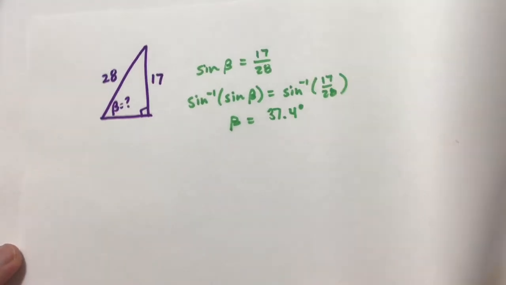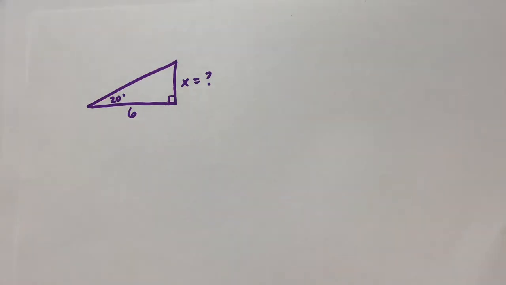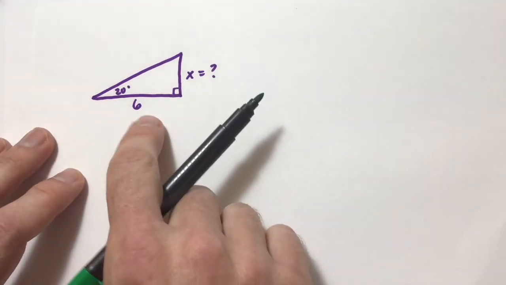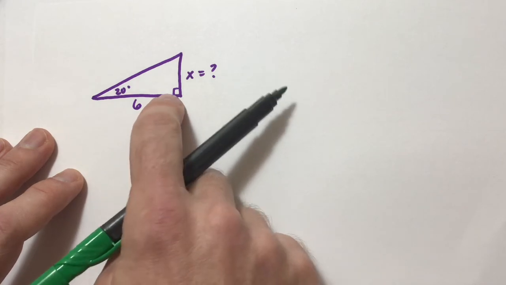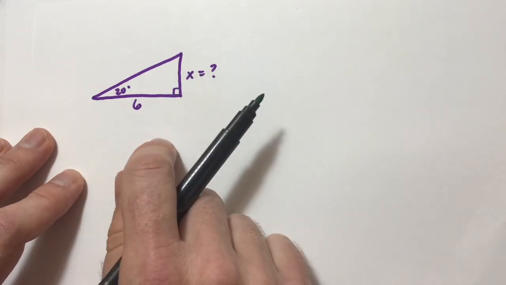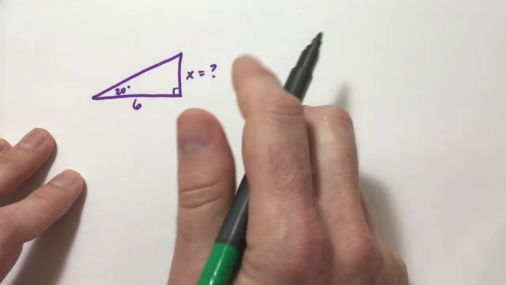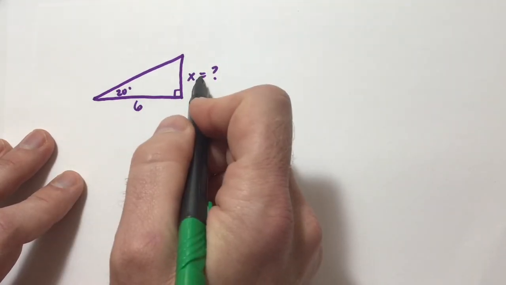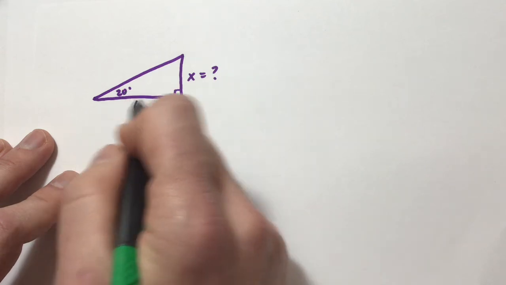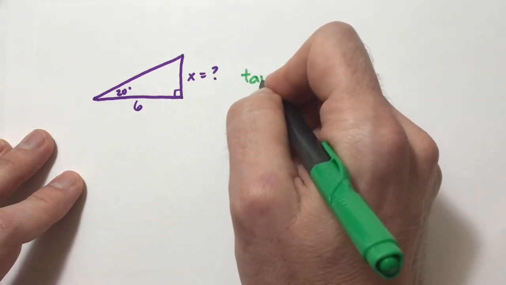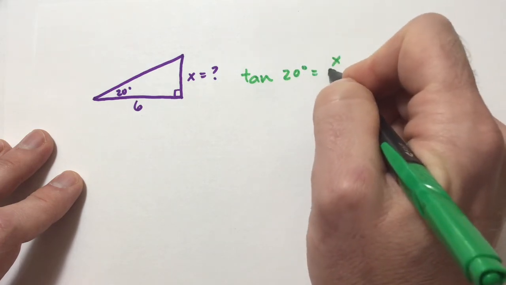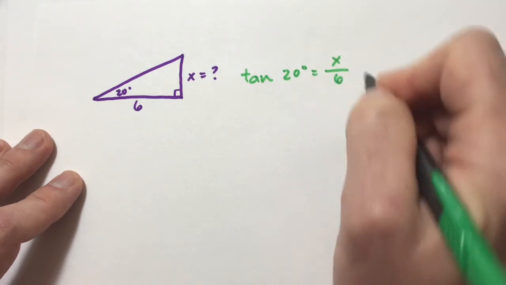One final situation where we use trig functions is in this setting here where I have an angle, a right angle, and one of the sides, and I'm trying to find another side. So with this setup, this looks like it's using the opposite side from the 20 degrees and the adjacent side. That's a tangent situation. So tangent of 20 degrees is opposite over adjacent.